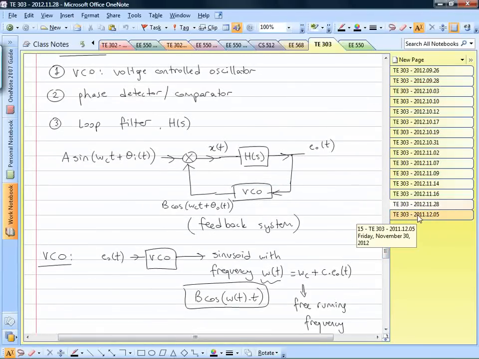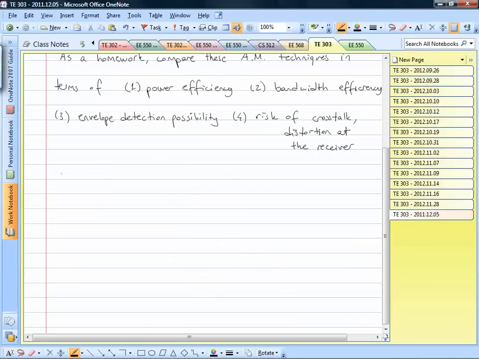So again as a summary, a phase locked loop is a circuit to lock onto a sinusoid's frequency and phase, so that you're really purely in sync with the incoming signal.